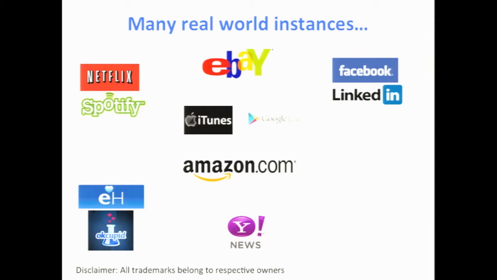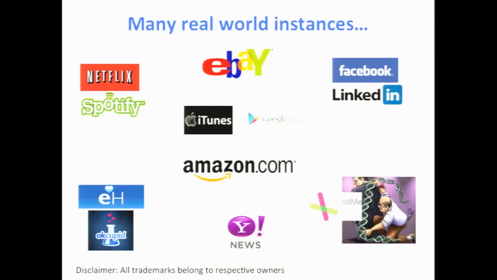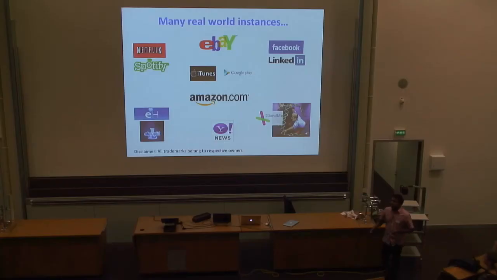Or it could be a news website which wants to recommend articles to you to improve their click-through rate and user engagement. Or it could be personalized medicine where the treatment is tailored according to the needs of the final user and of the patient, and not necessarily one single treatment for all. So all of these fall under the same umbrella of recommender problems.